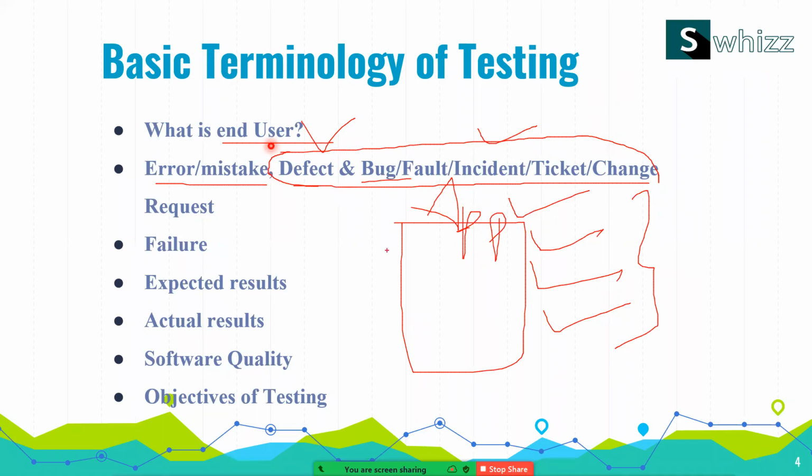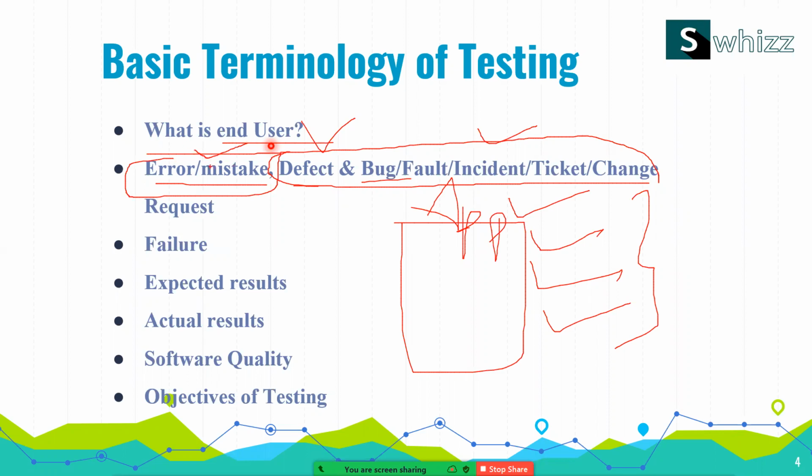A mistake is something done by the developer.